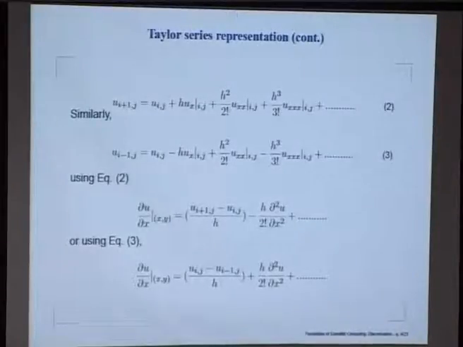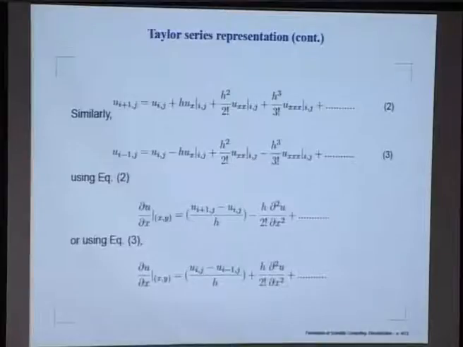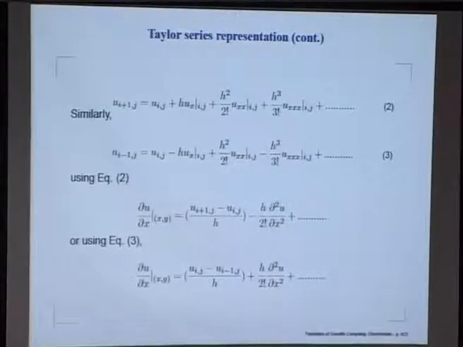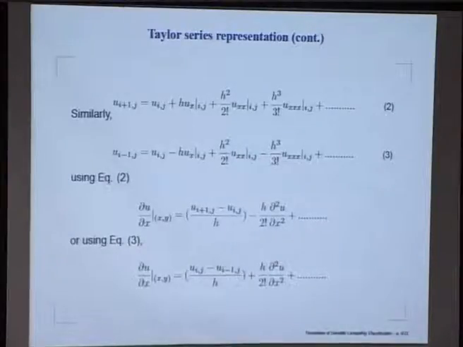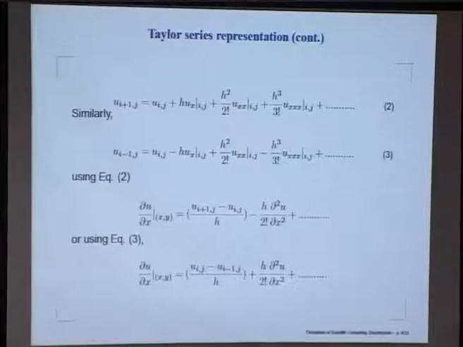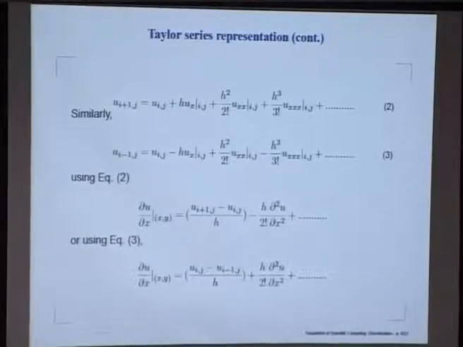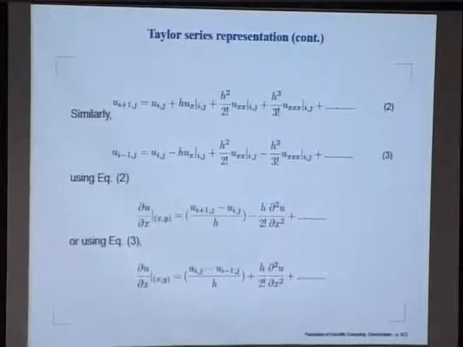I can then write the function at x plus h in terms of the values at x and y by using this Taylor series. In the same way, I can find the function value at its left neighbor point, that would be i minus 1, j. Notice that odd derivative terms appear with a minus sign, and that gives us the following options for evaluating. Let us say we are interested in evaluating the first derivative.